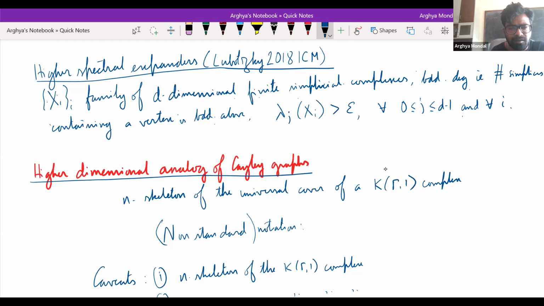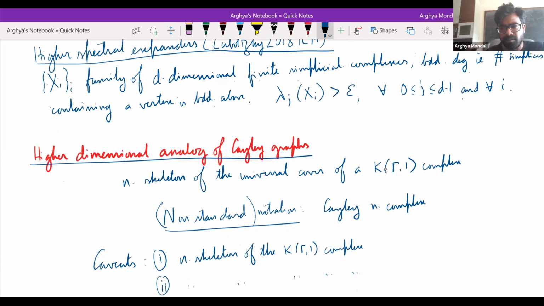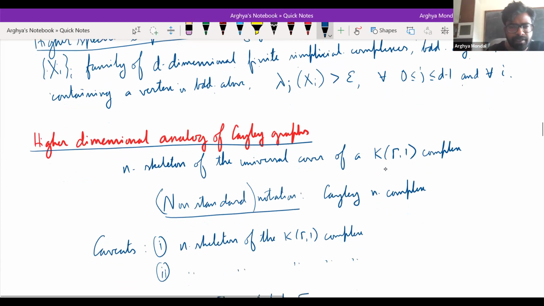And this is a mouthful, so I'll just call it a Cayley n complex. By the way, in literature, when people say Cayley complex, I think they mean the Cayley 2 complex.